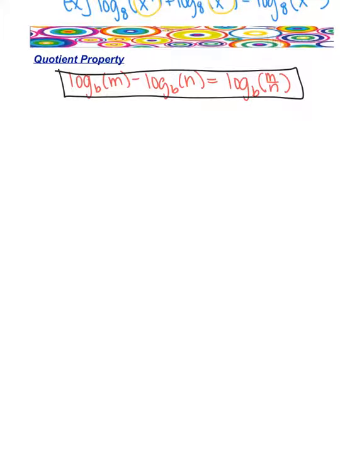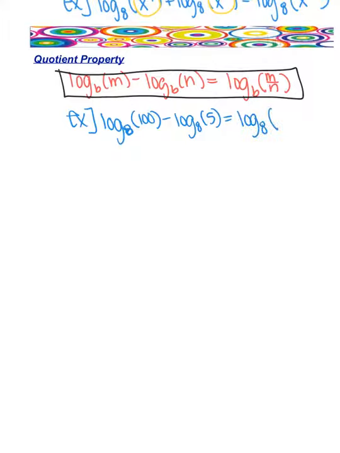Okay, so let's look at some examples. Let's not do base b, let's do an 8. Log base 8 of 100 minus log base 8 of 5. Well, I could simplify that to be log base 8 of 100 divided by 5, which is 20.